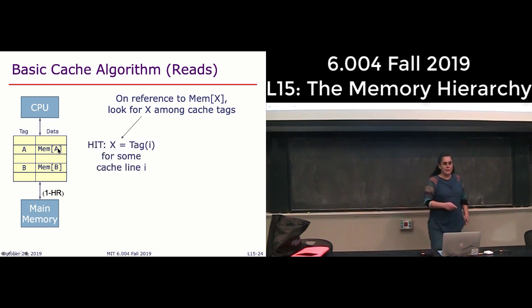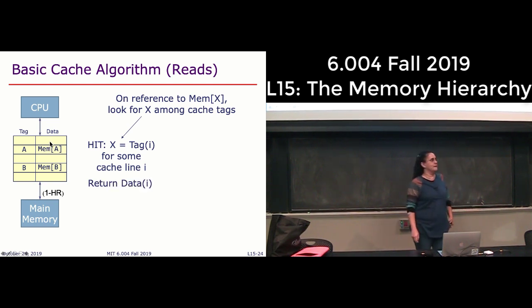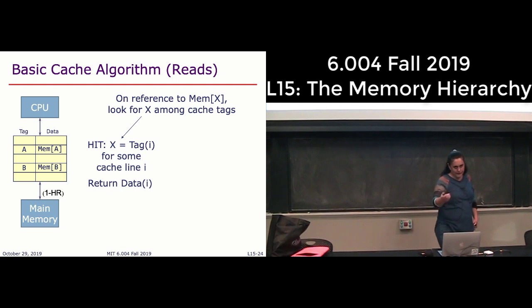Now when I go to access my cache, one of two things can happen. I can get a hit, and a hit means that if I was looking for address X, one of my tags was in fact X, and so then I can return the data that's in that same row, the memory of X.